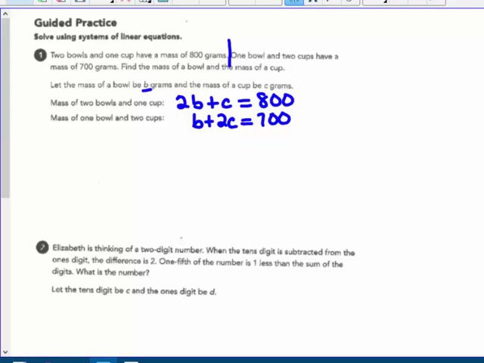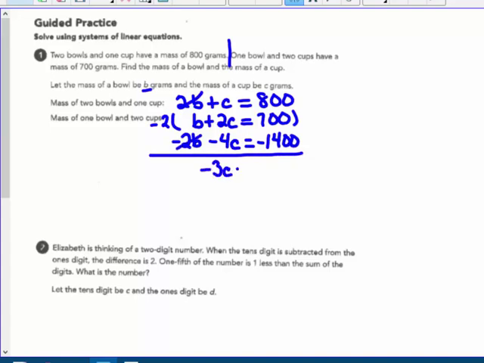I would multiply this second one by -2, why not? And get the B's to go away. So -2 B's, -4 C's, and -1400. So my B's cancel, and I get -3 C's equals -600. Well, dividing by -3 on both sides, I'm going to get that the cups must weigh 200 grams, right? So how much does a bowl weigh?